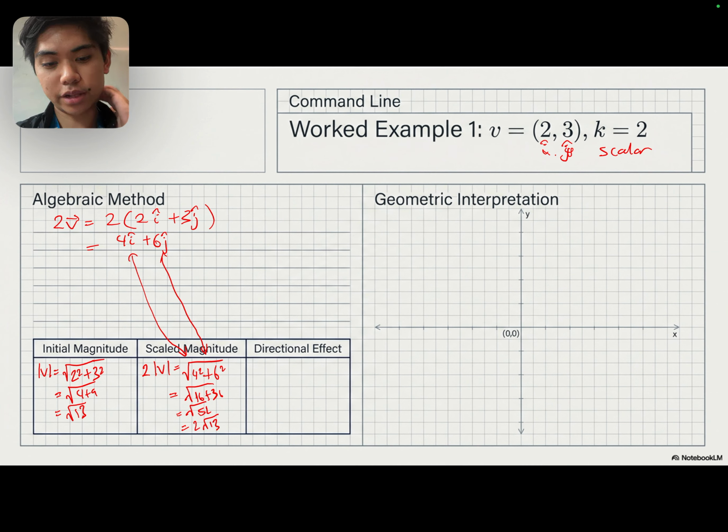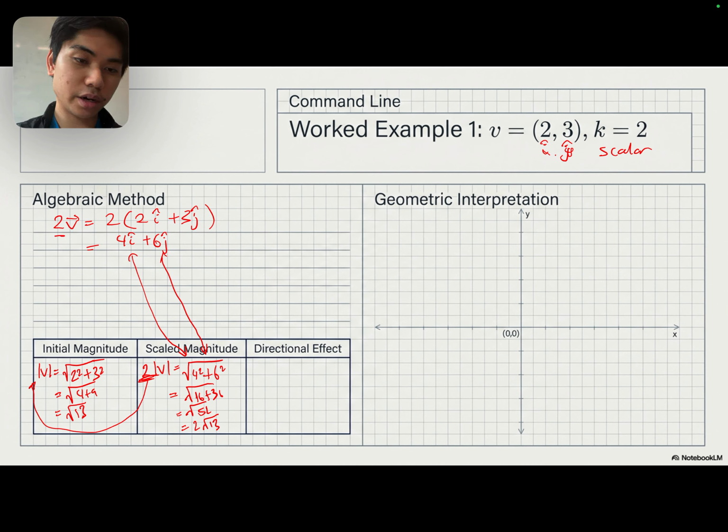Okay, and so we can clearly see that when we are applying a scalar value to our vector, our magnitude is also going to be scaled by that scalar. Okay, so you can see here that if we take 2 times vector v, then the initial magnitude is going to increase by 2 because we are essentially scaling the vector by 2.